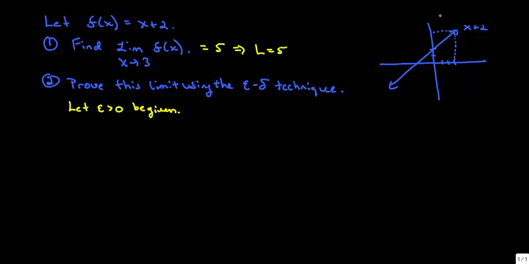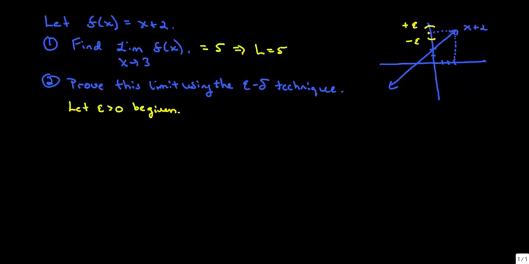So what we're saying is, let's pick an epsilon value. Now we're going to let it be arbitrary. So I'm going to grab an epsilon value, plus epsilon and minus epsilon, around the function here, around what I think is the limit.